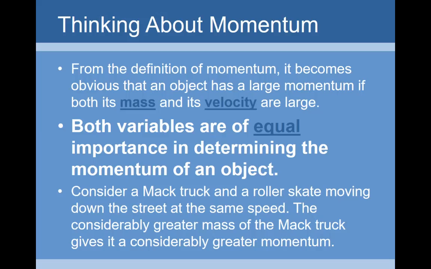You can think of this as related to inertia as well, in terms of Newton's first law, because something with more inertial mass is going to be harder to stop. It's going to want to continue on its same trajectory with the same velocity, if at all possible.